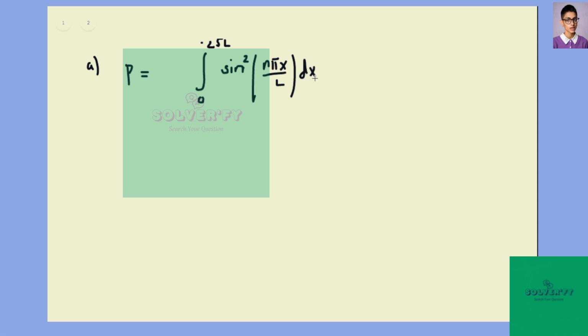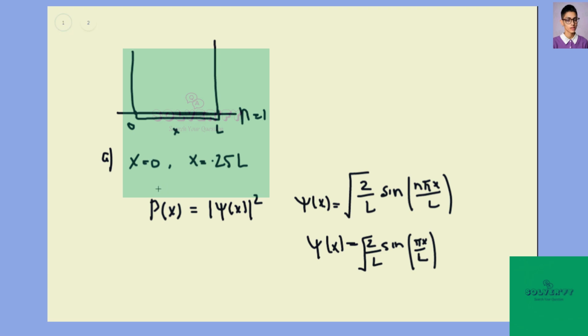We have to integrate because the probability is dependent upon the variable x, because the wave function is dependent upon variable x. So in order to find the net probability between 0 and 0.25 L, we have to integrate.